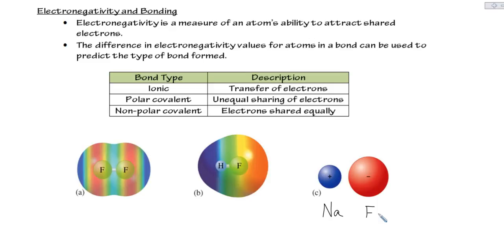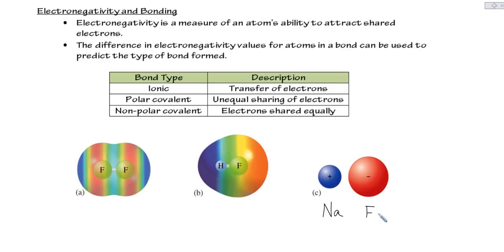Polar covalent obviously involves sharing electrons. That's the whole covalent bonding part, right? But polar means like opposite ends. In a polar covalent bond, the electrons are not shared equally. This is very common. You've got one atom with a larger electronegativity than the other.